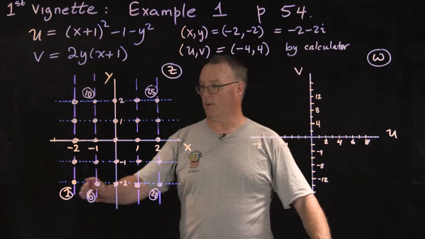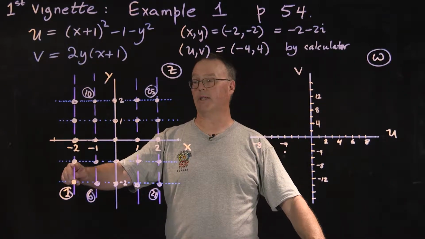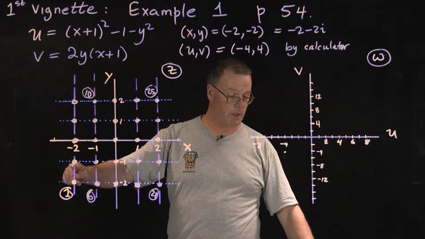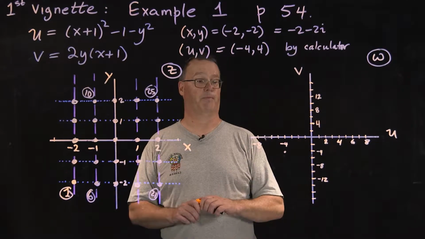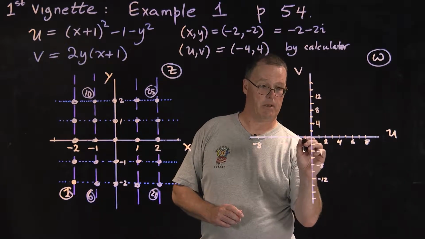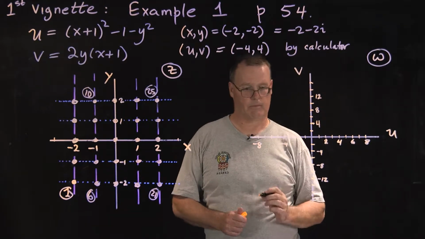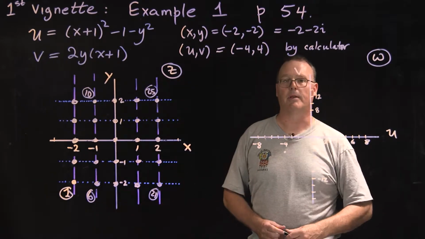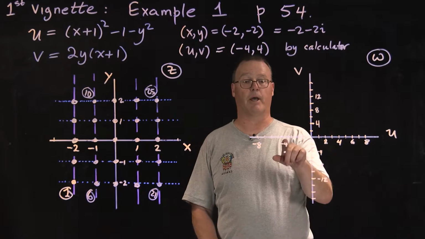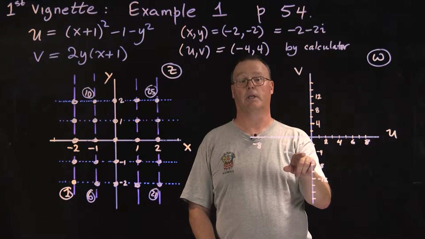Point number 2, that's this one here, so that's x equals -2, y equals -1. That goes to -1 and 2. Of course, I realized that I made a mistake: when I said -4 and 4, I plotted -4 and -4.